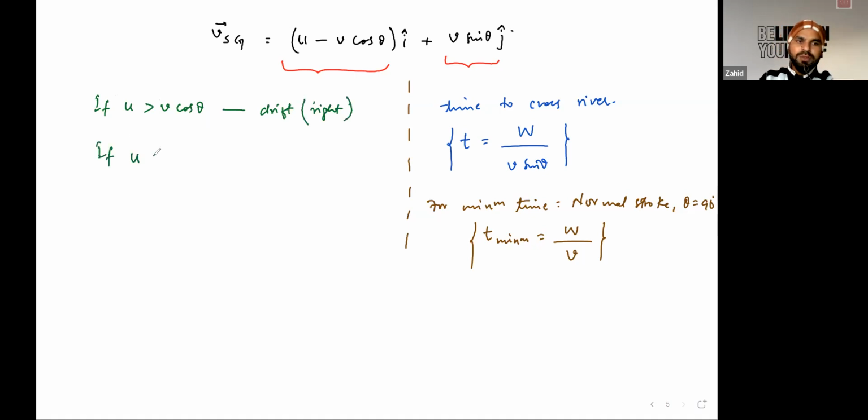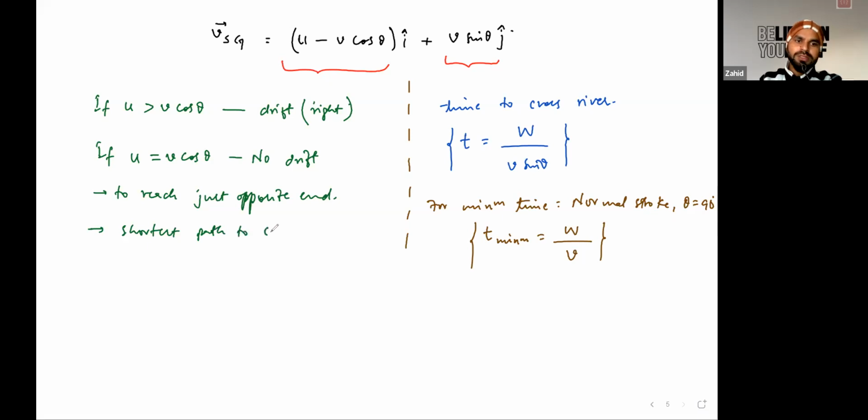Next, if u equals v cos theta, then these two terms will be equal in magnitude, so this whole x component of velocity will be 0. So this is called no drift. This is also defined as to reach just the opposite end. So this will be the condition to reach just the opposite end, or you can say this is the shortest path to cross the river.